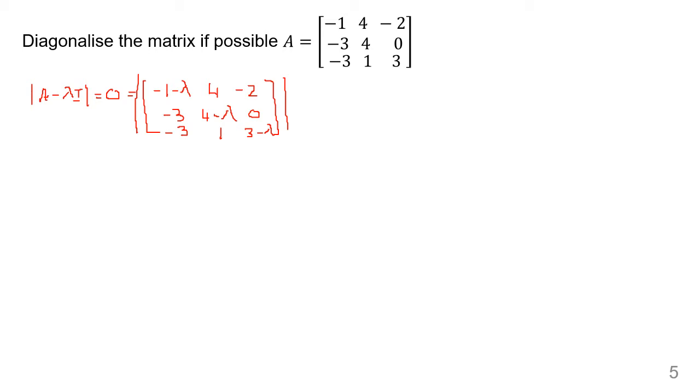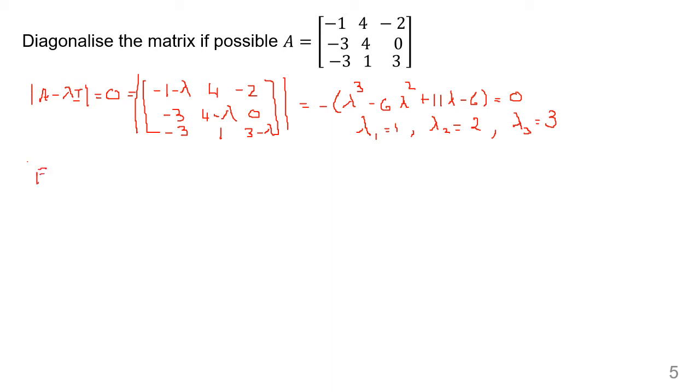Simplifying this, we get the characteristic polynomial minus lambda cube plus 6 lambda square minus 11 lambda plus 6 equal to 0. Simplifying this, we get the eigenvalues lambda 1 equal to 1, lambda 2 equal to 2, lambda 3 equal to 3. Let us try to find the eigenvectors corresponding to these eigenvalues.